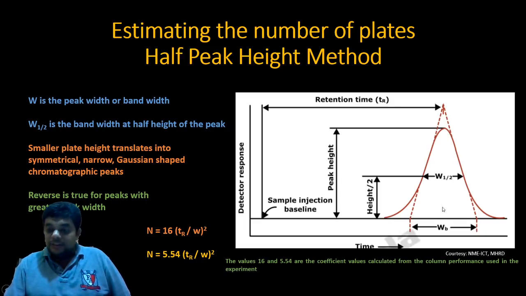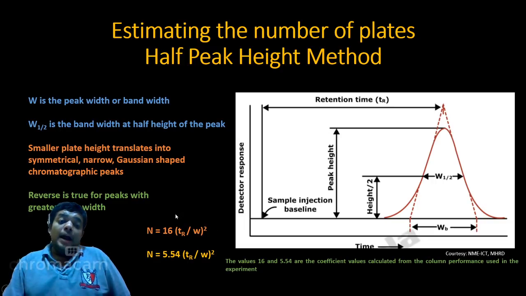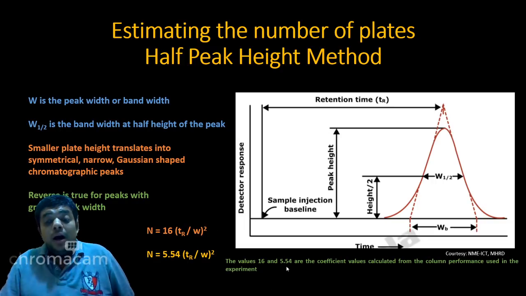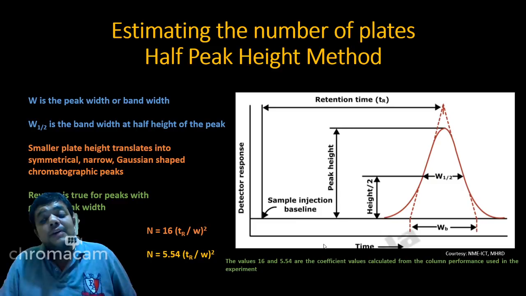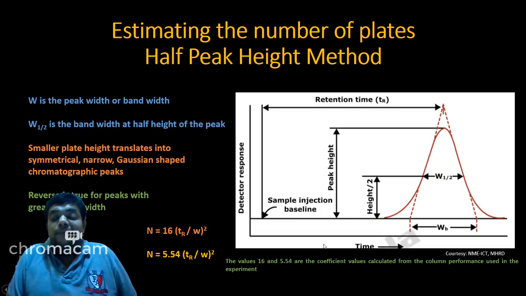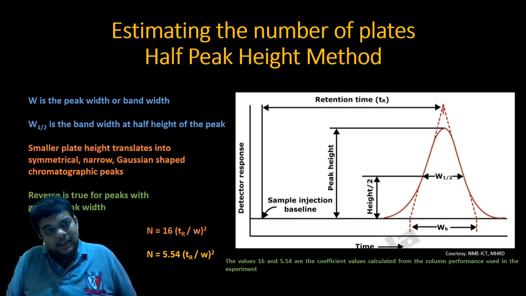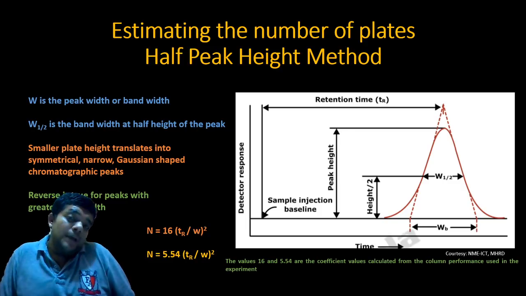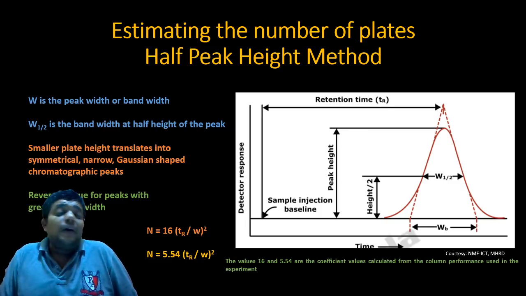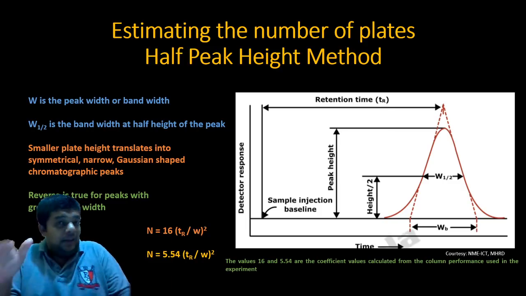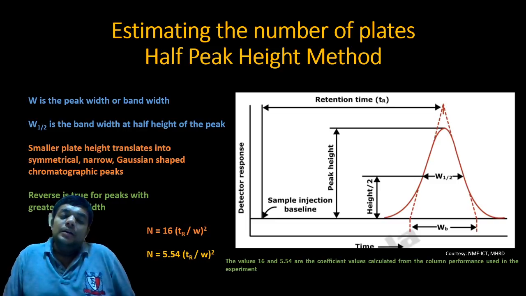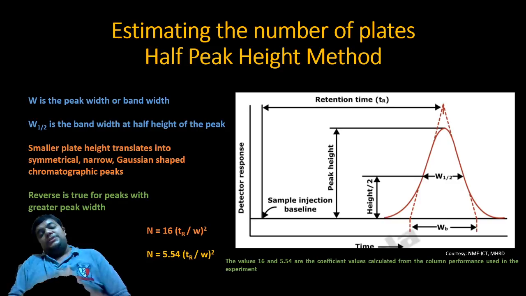Over here w is this width, tr is the retention time taken by a sample from one end of the column to another end of the column, and 16 and 5.54 are the values of the coefficients that are calculated from the column performance used in the experiments, and generally they are given in the pharmacopoeia, because without pharmacopoeia pharmaceuticals are nothing, and in pharmacopoeia these values, their significance are given and they are called coefficient values.